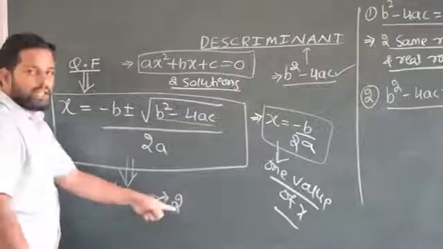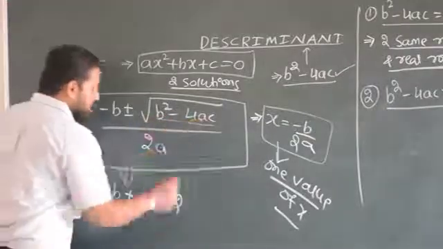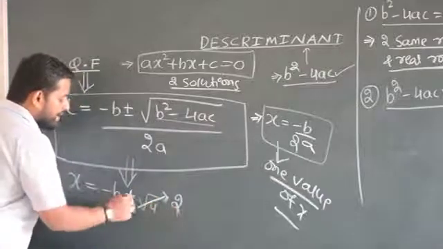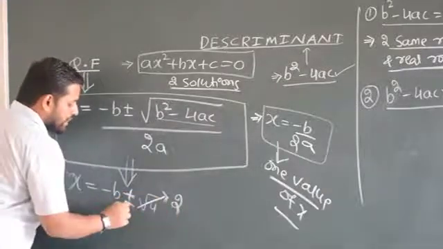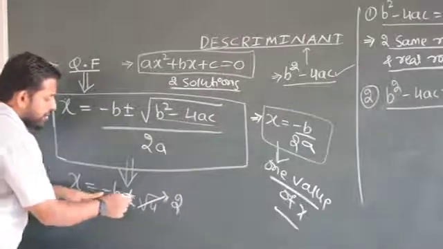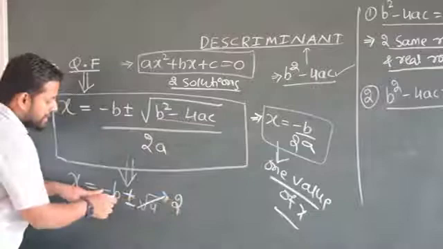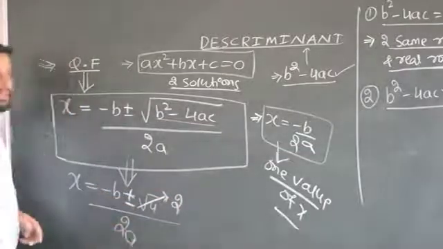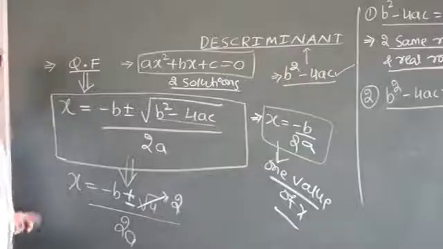Root 4 is 2. b square minus 4ac I got 4, so that is under root 4. I am getting 2, which means once I am adding plus 2, once I am subtracting 2. Are you getting my point? Minus b plus 2 once, and minus b minus 2 once, and divided by 2a as usual. So how many roots or solutions of x am I going to get?